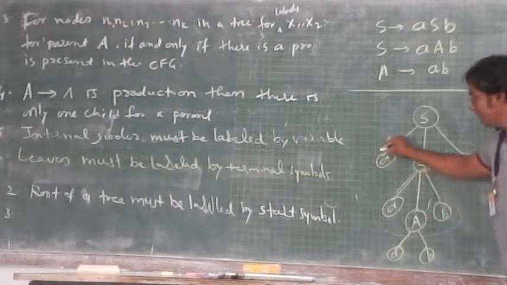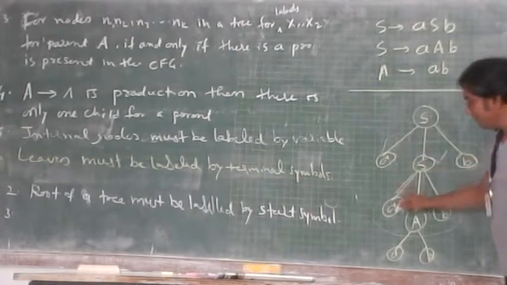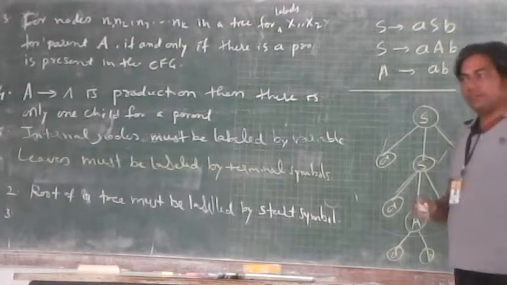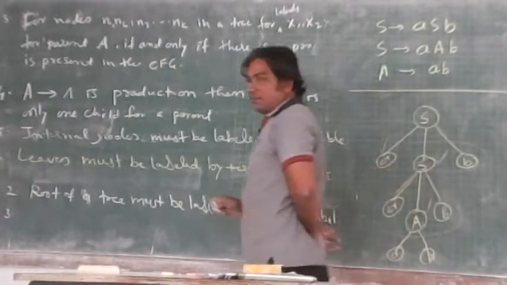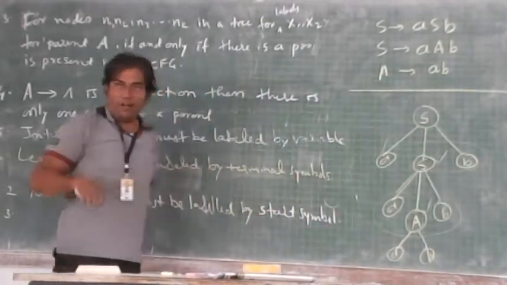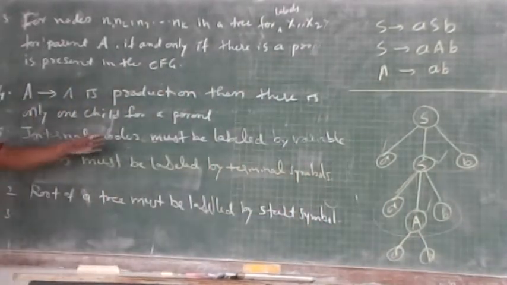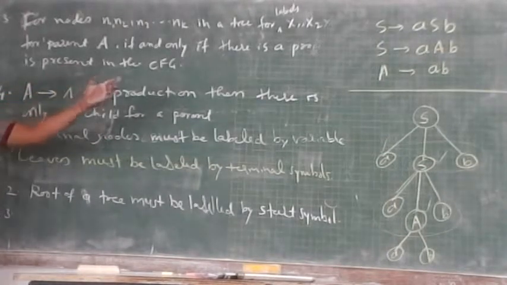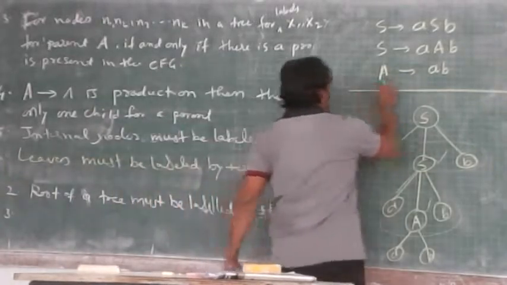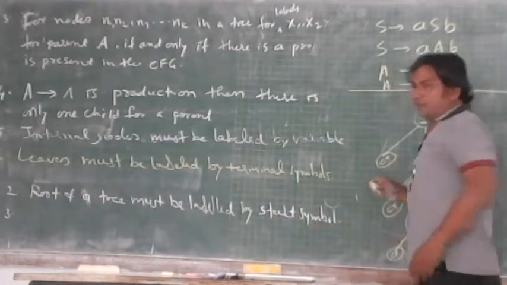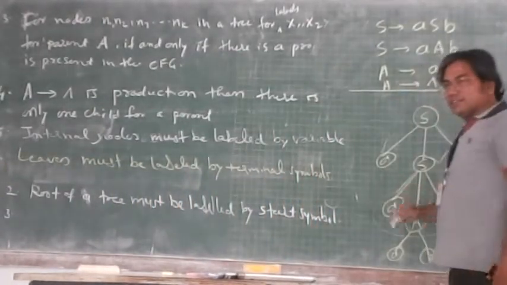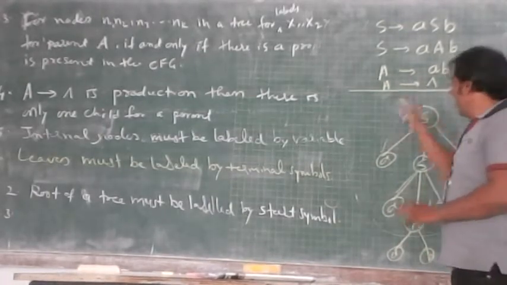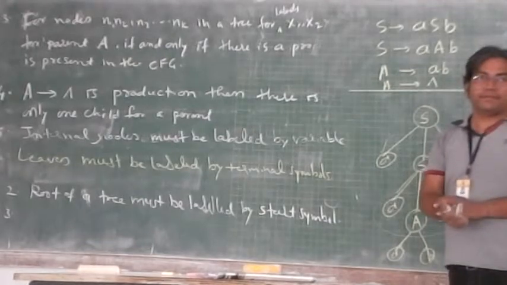This is a leaf, this is a leaf, all these are leaves and are labeled by terminals. One special rule is a null production, A implies null. We don't have that kind of production here. If you have a production of the kind A implies null, in that case you will have only one child for a parent A. Got it?